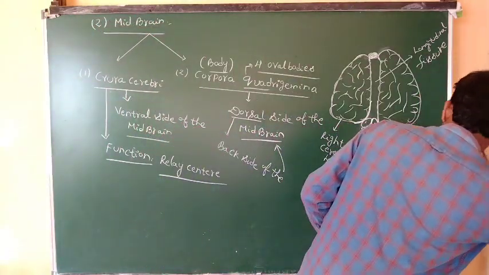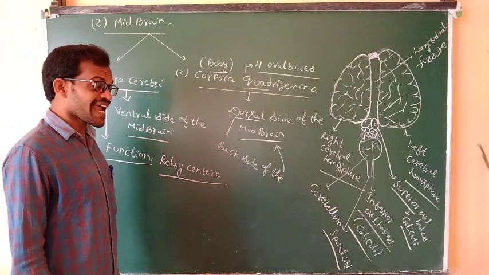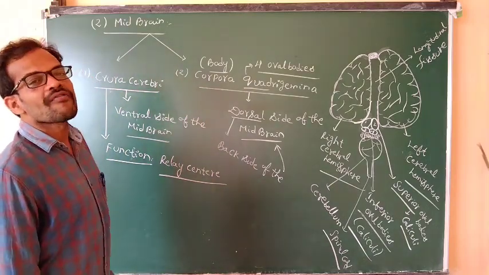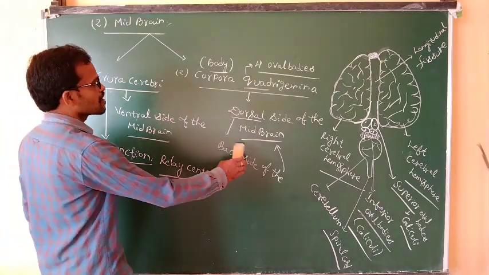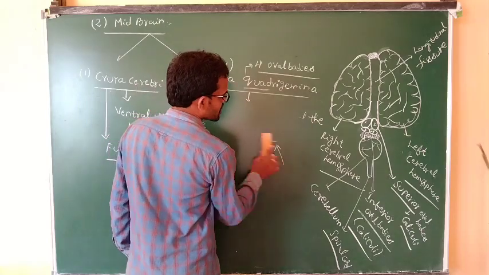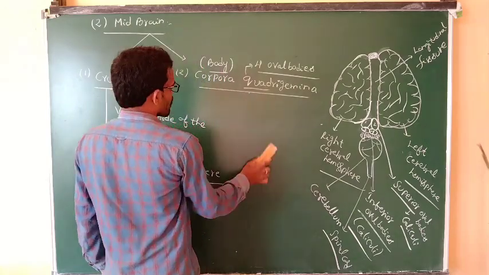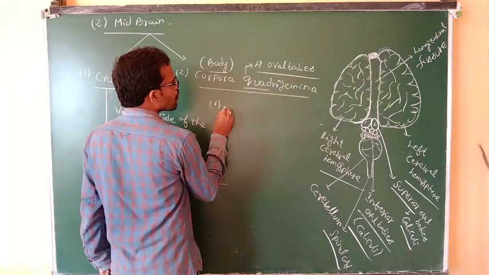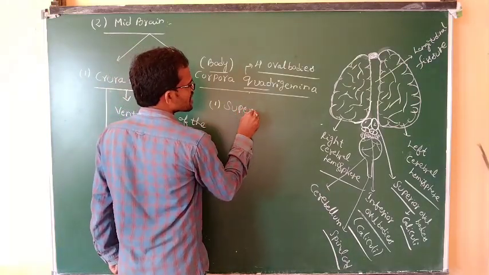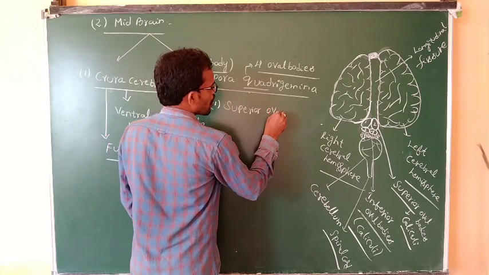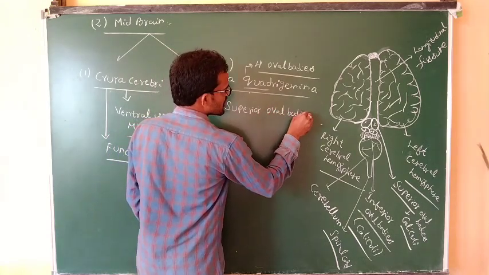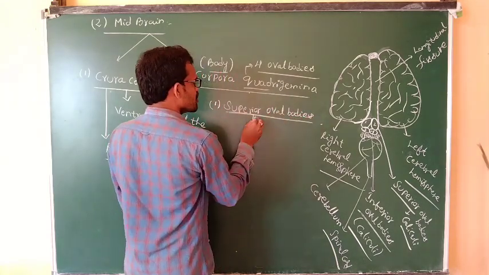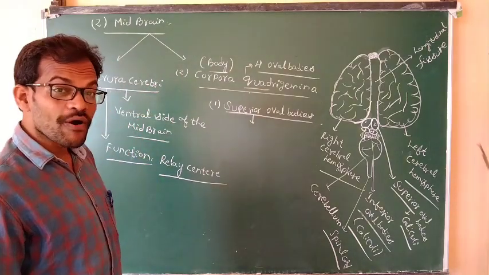What is the function of the superior vowel bodies and inferior vowel bodies? What is the function of the superior vowel bodies?